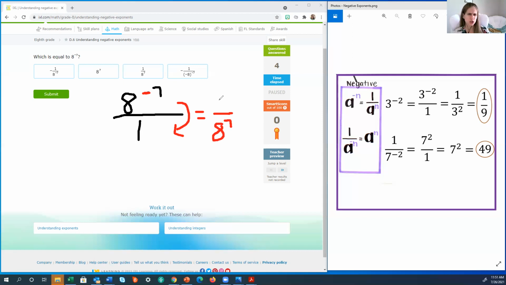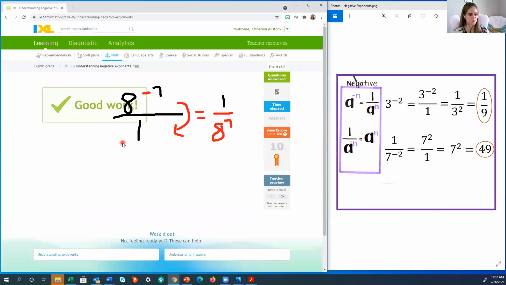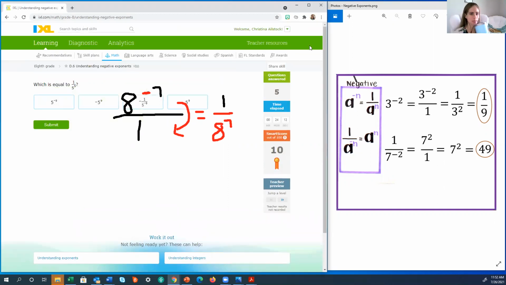But can I leave a numerator blank? No, that I can't do because then it's an empty fraction. So a 1 will go up top. And there we go. Now let's see if this matches any of our answer choices. Does not match that one. Nope. Ah, here's our winner. Very good. Perfect.